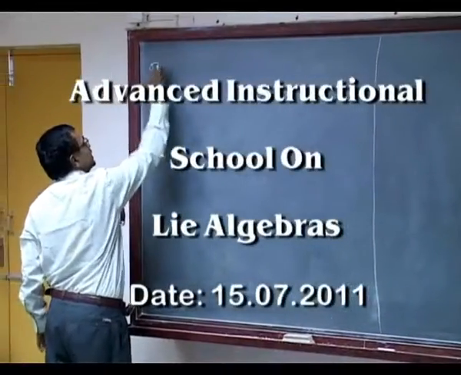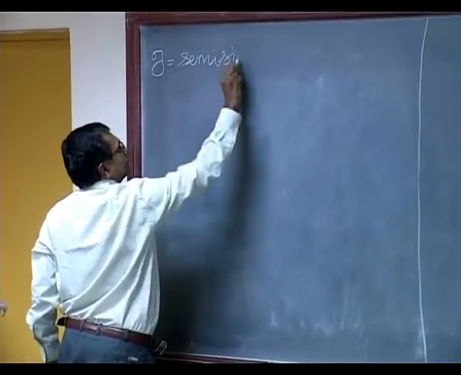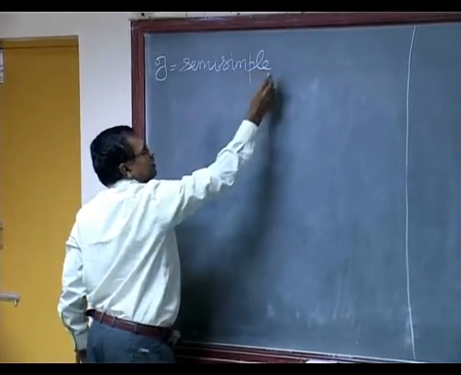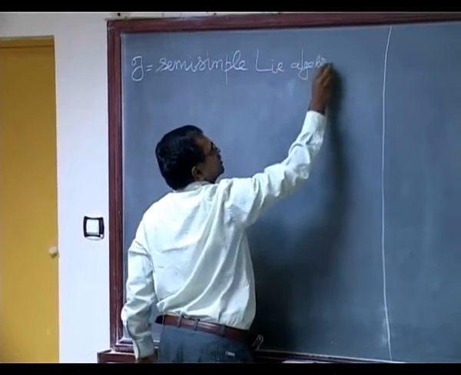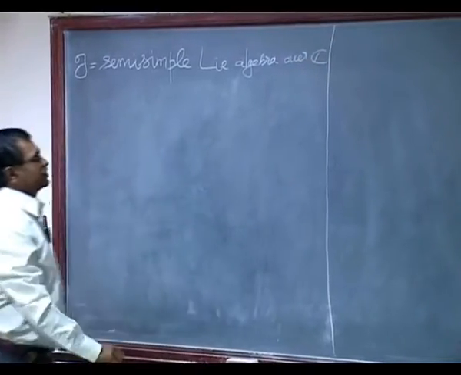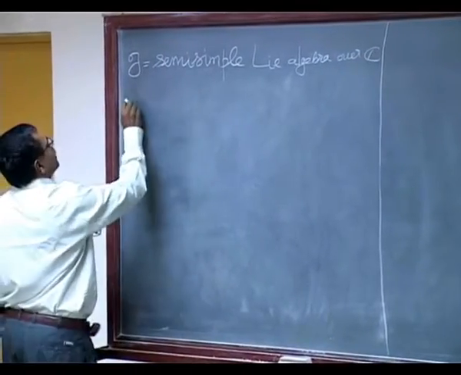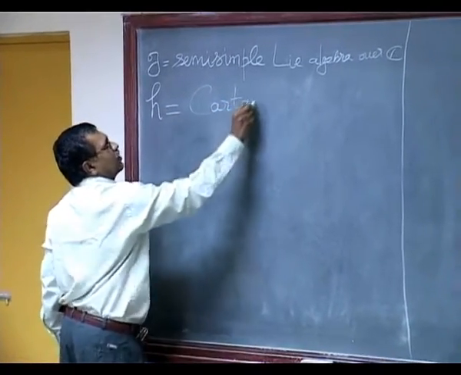Okay, so first thing is G, a semisimple Lie algebra over the field of complex numbers.